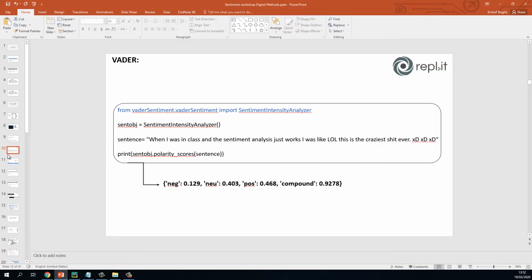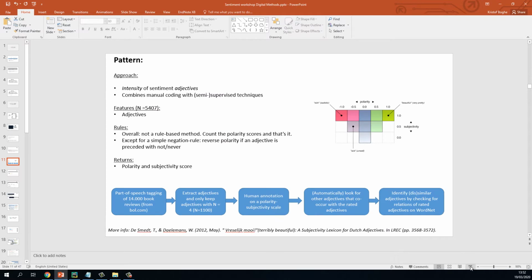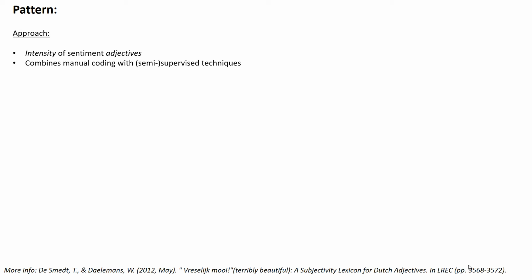Now, let's take a look at the pattern package, the other package. The pattern package has a similar approach in the sense that it also wants to give us an intensity score. There's a polarity score between -1 and 1 of words, but it does that by combining manual coding with some semi-supervised machine learning techniques.